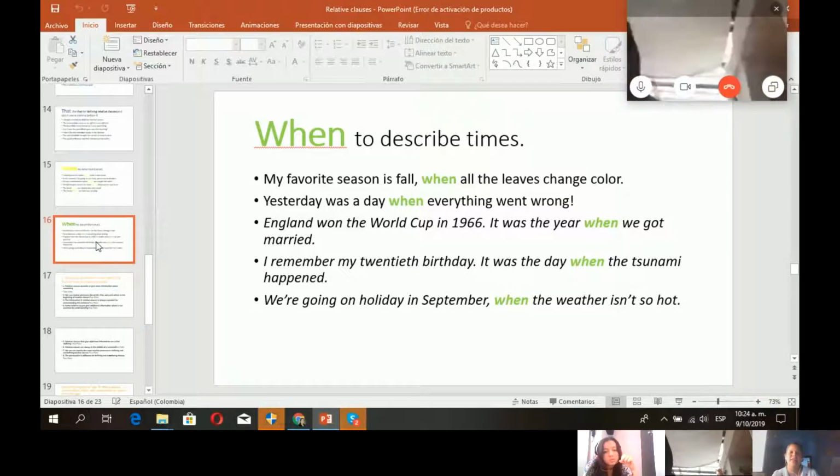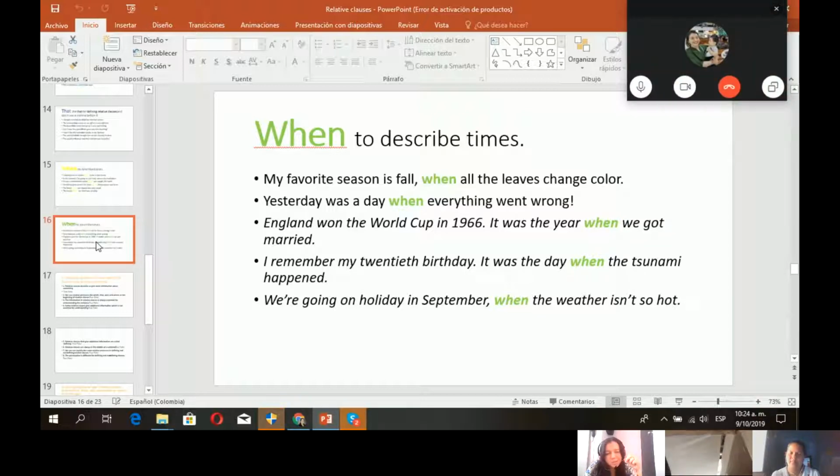Angie: I remember my 20th birthday. It was the day when the tsunami happened. And the last one, Maria Fernanda.